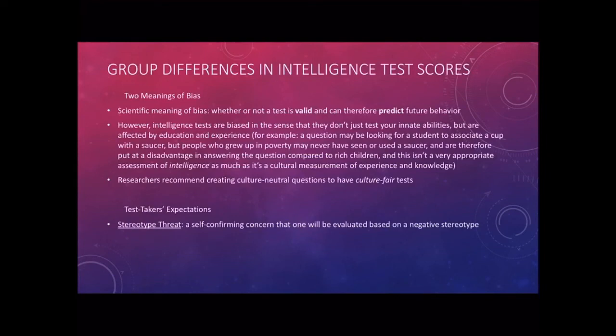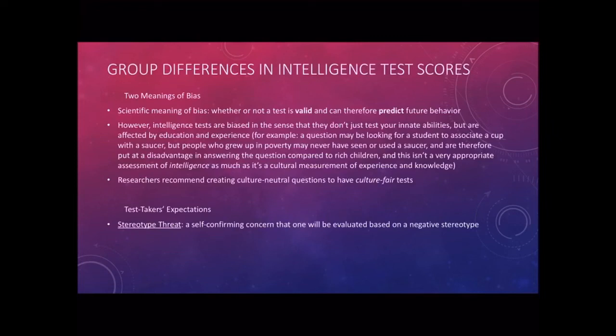So let's say there's always this idea that Asians are bad drivers. It's a common stereotype that people have. So let's say that an Asian person goes to take their driving test, right? And so they get in the car, they're about to take their driving test, and they're thinking, gosh, I really hope that this person who's evaluating me isn't going to think that I'm a bad driver just because I'm an Asian person.